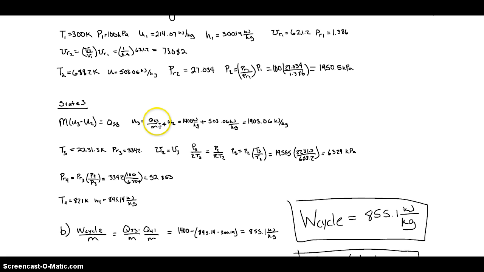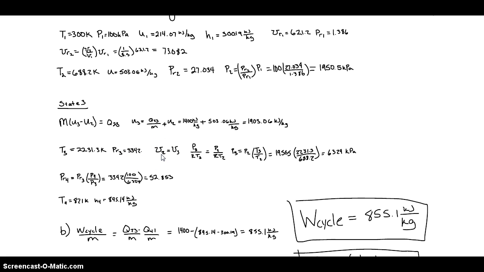The heat addition was given to us in the problem as 1400 kilojoules per kilogram, and U2 was calculated from the specific volume ratio at 2. And so you can get your internal energy at 3 and calculate your temperature and pressure ratio.